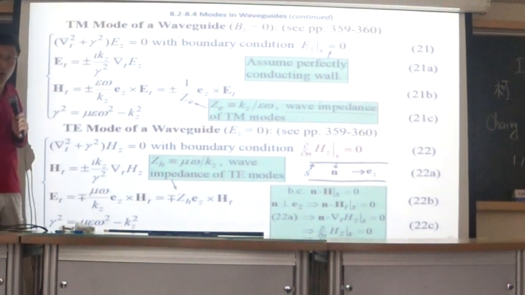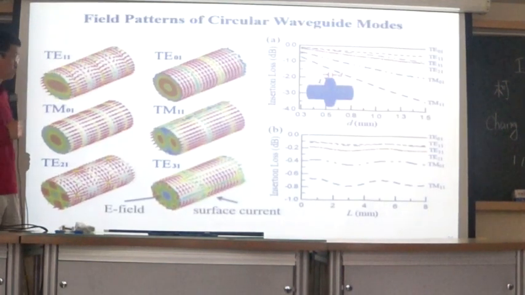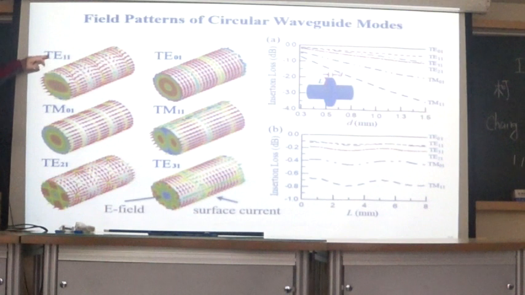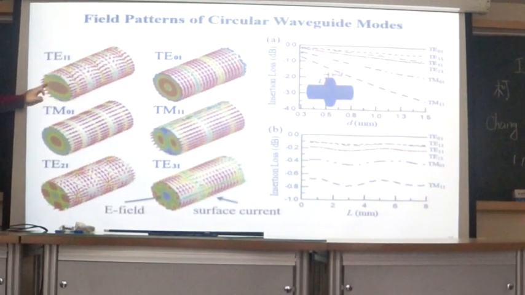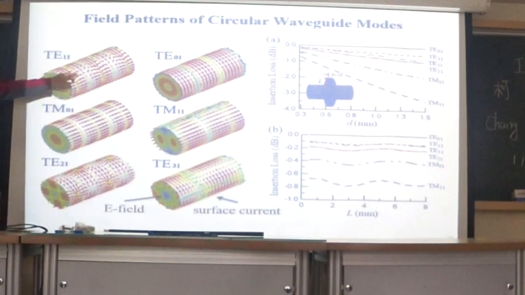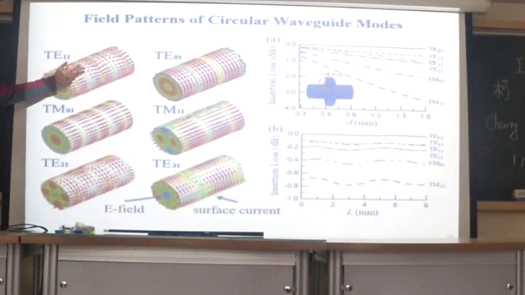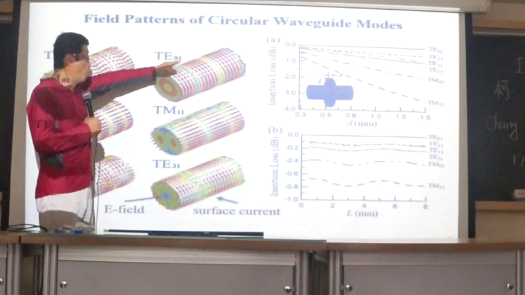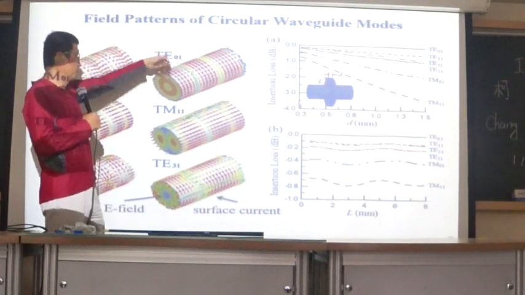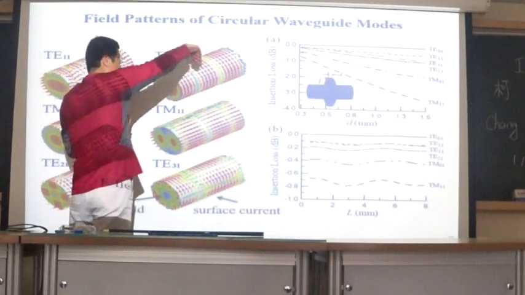What is a mode? Let me show you. For example, this one is the TE11 mode. This is the amplitude, and that's the surface current. So the surface current for TE11 is like this, right? However, for the TE01 mode, the current flows in this direction, this direction, or this direction.